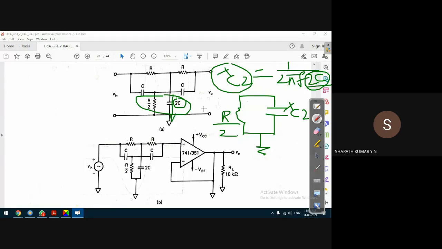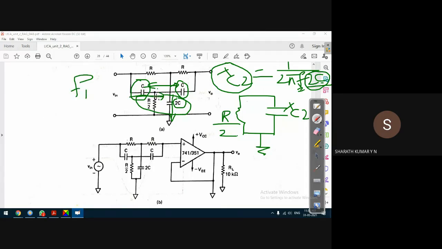That means for a given frequency, the impedance is very small, for a given value of capacitance. The idea is these two capacitors have a value of C. For these two capacitors, both act as a short for a given frequency. Let us call it F1, for example.